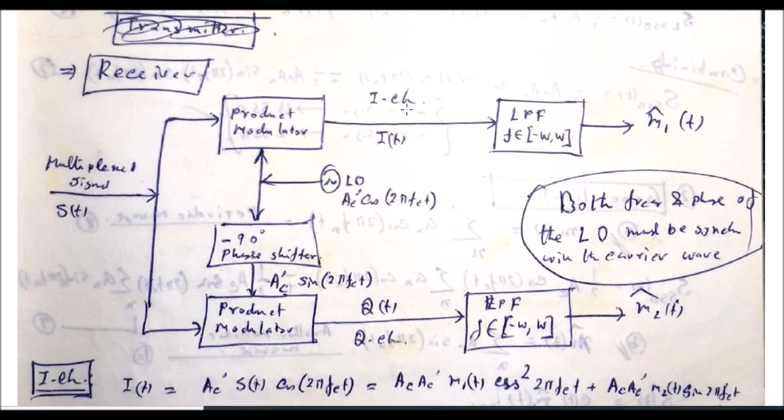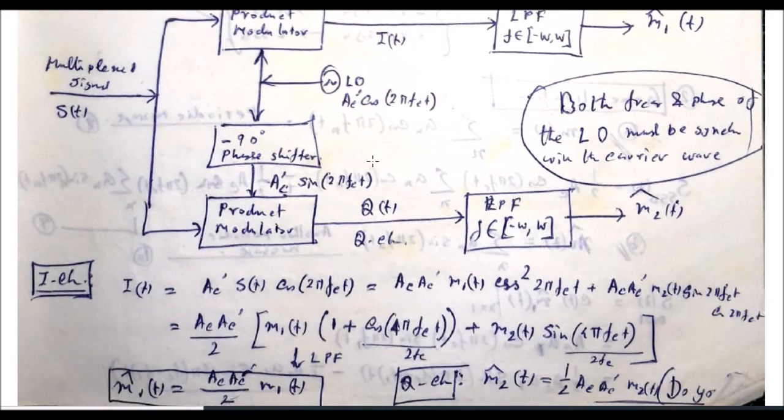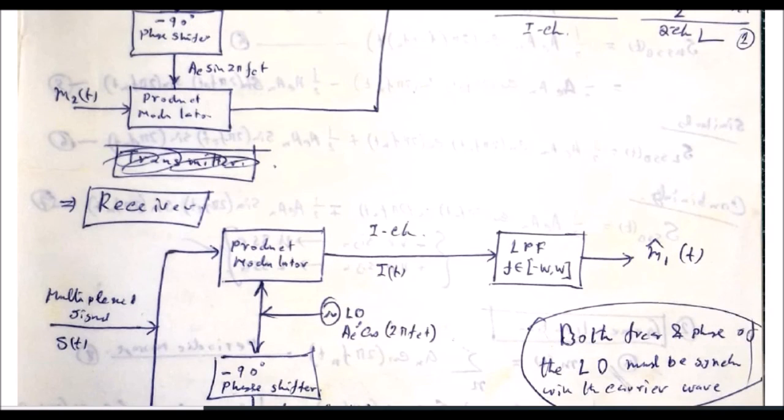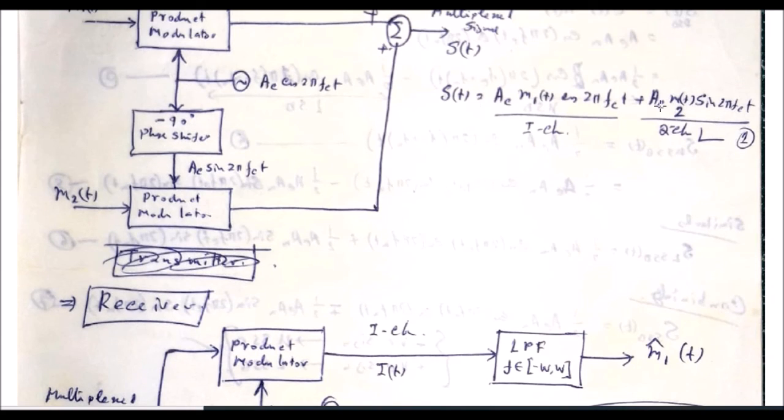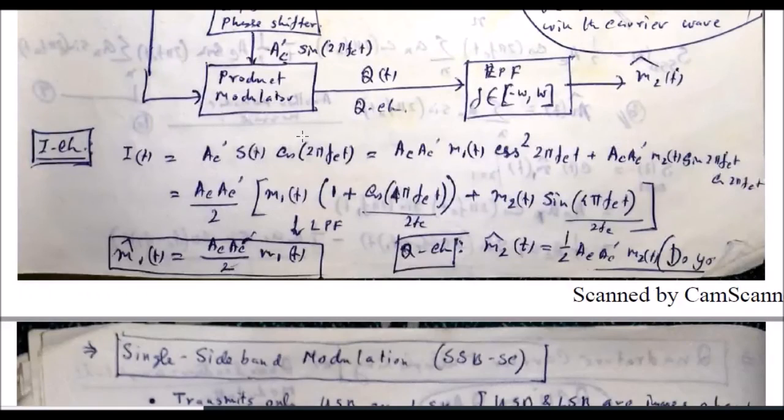Okay, the in-channel signal will be that. If you do the analysis, s(t) is the received signal. You are demodulating this received signal by means of the cosinusoidal locally generated carrier. If you multiply them, just put this equation of s(t) here and do the simplification.